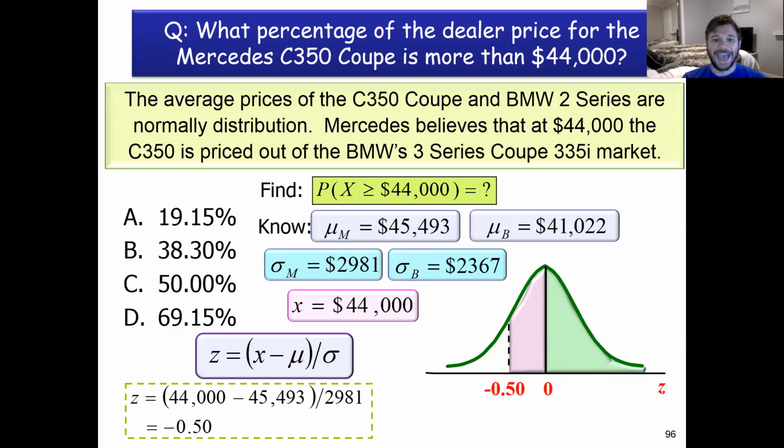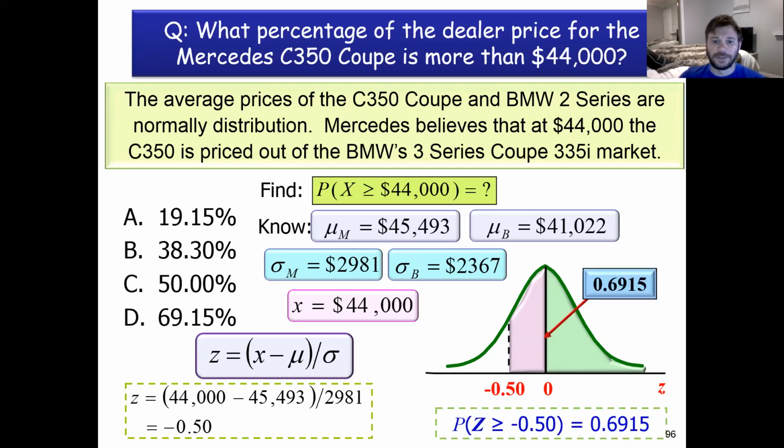You should add that now to the green region, which has an area of 0.5, and that will give you the probability that Z is greater than negative 0.5, which is 0.6915. And again, this is equivalent to the probability that X, the dealer price for the Mercedes C350 Coupe, is greater than $44,000. And it's a 69.15% probability.